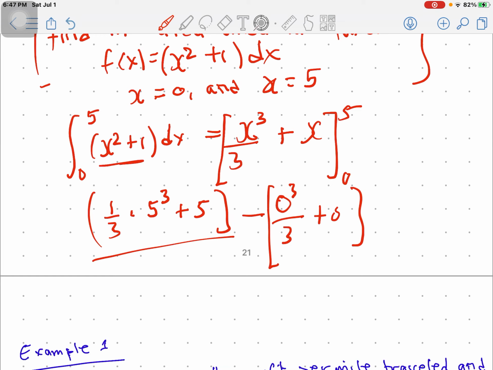You know all these will go to 0, and this one, when we do it, we are going to get 125 over 3 plus 5.